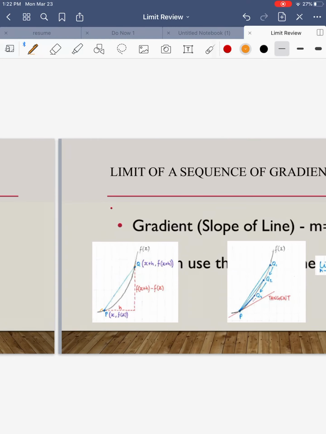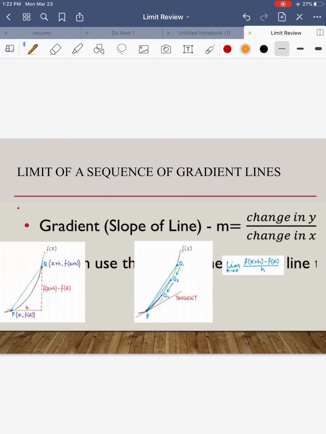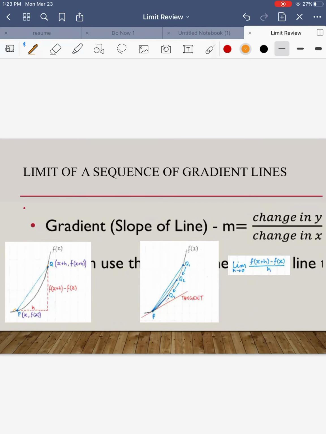Alrighty. So let's move on to a limit of a sequence of gradient lines. Remember, a gradient line is the slope of a line, which we denote as m, which is equal to change in y over change in x. And so we can use this slope of a line to find a tangent line.